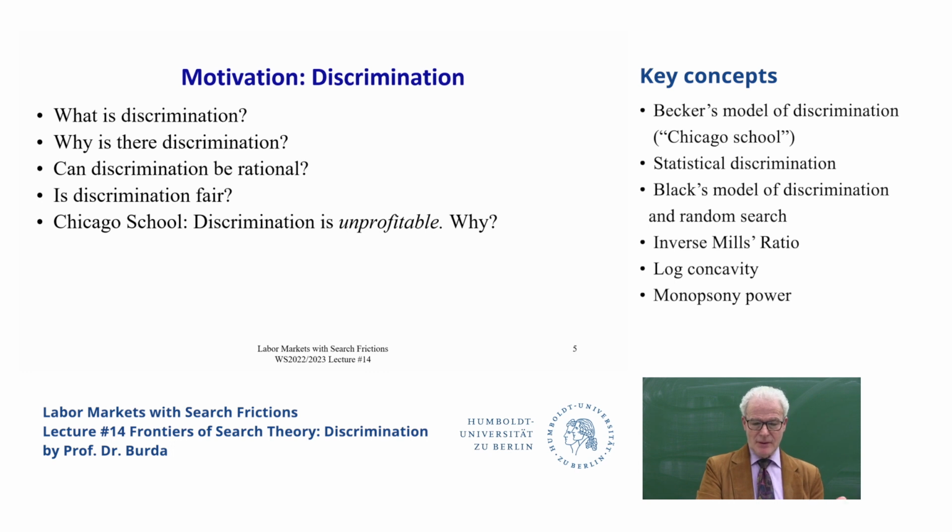Because if the underlying presumption is that the distribution of talent among women and men is equal, then firms are missing a good business opportunity, and they're just not hiring enough talented women, because they could actually do much better. Okay, the same thing is true between whites and blacks.